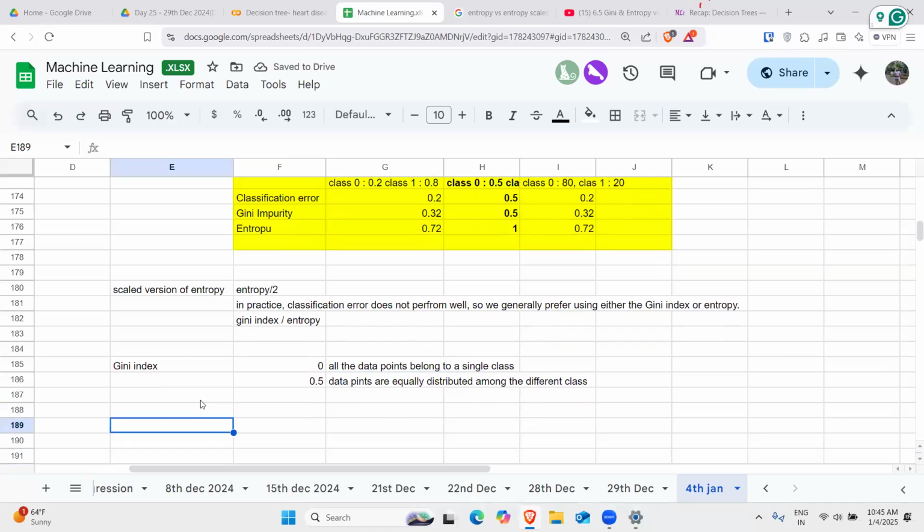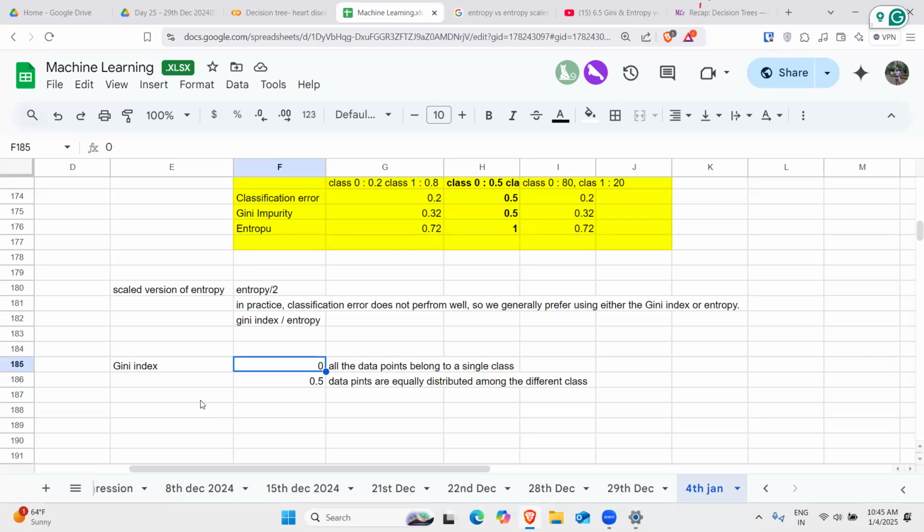So suppose you have a data set with 2 class labels, and if the data set is completely homogeneous, that is all the data points belong to label number 1, then the probability of finding a data point corresponding to label 2 will be 0, and that of label 1 will be 1. So P1 will be 1, P2 will be 0, and Gini index will be exactly 0 if it is correctly classified, and will be lowest in such cases.